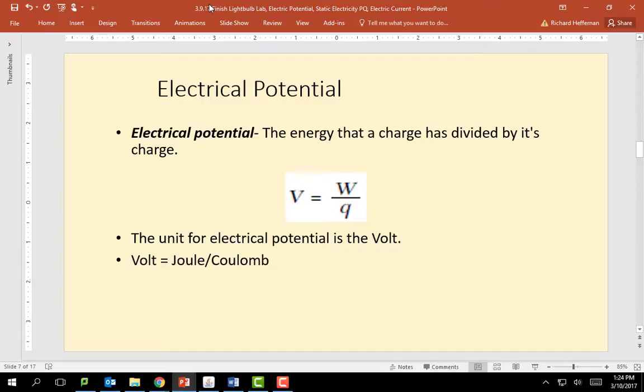The first letter in electric potential is V. So this is electric potential, sometimes called electric potential difference. Electric potential or electric potential difference has the symbol V.